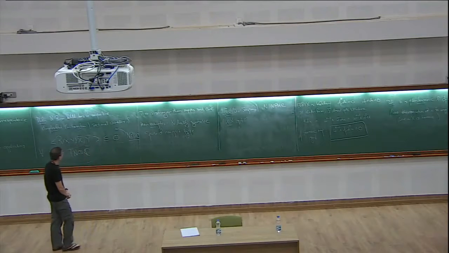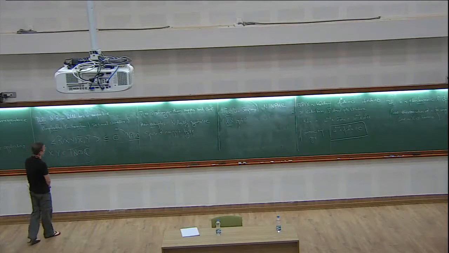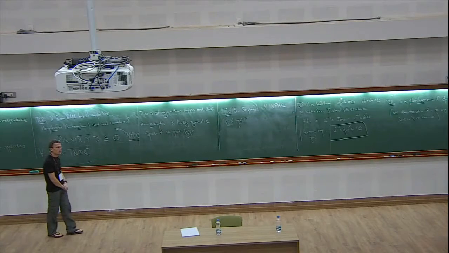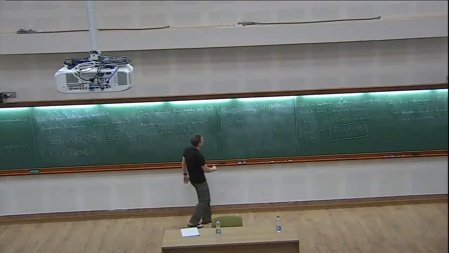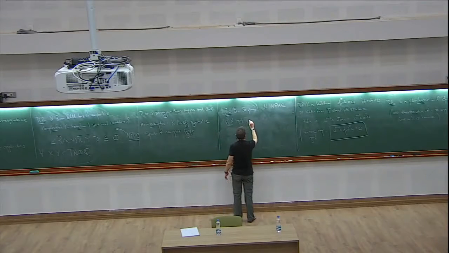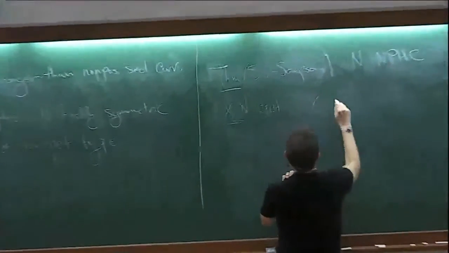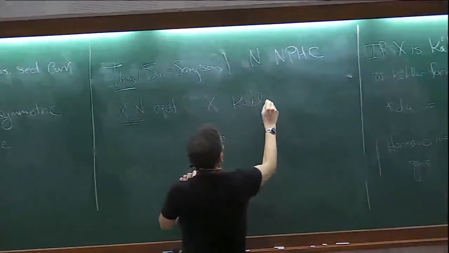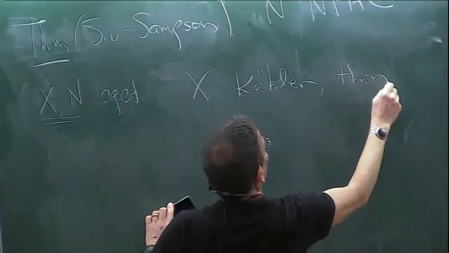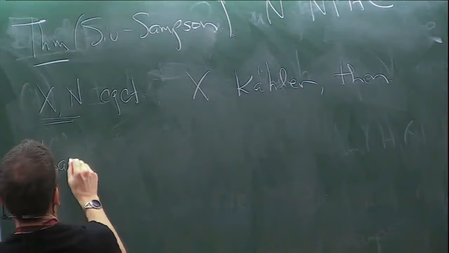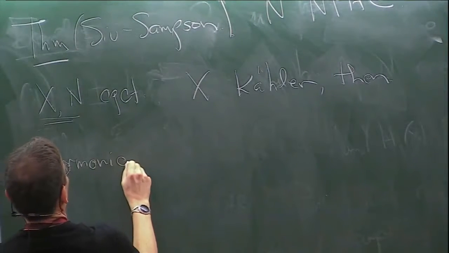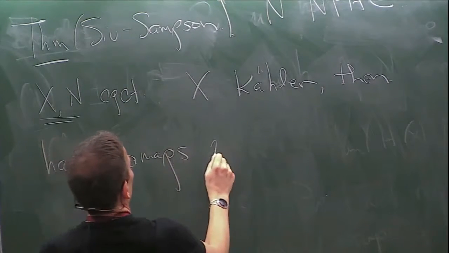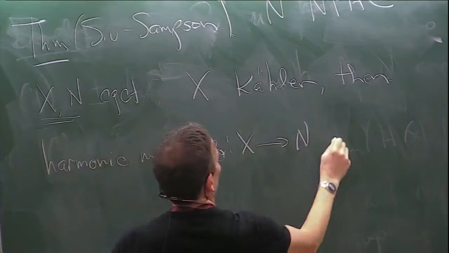It's something different. So if X and N are compact, and X is Kaehler, then harmonic maps from X to N are pluriharmonic.